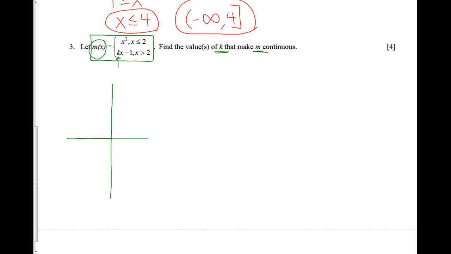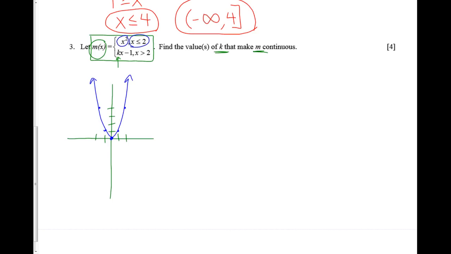If I were to make a little picture of m of x right here, I have 2 branches. The first branch up here is x squared, and that is going to be graphed when x is less than or equal to 2. So I'm just going to put a little y-axis on here and a little x-axis marks. So x squared, that's a U shape with its center at the origin, and it goes like this.